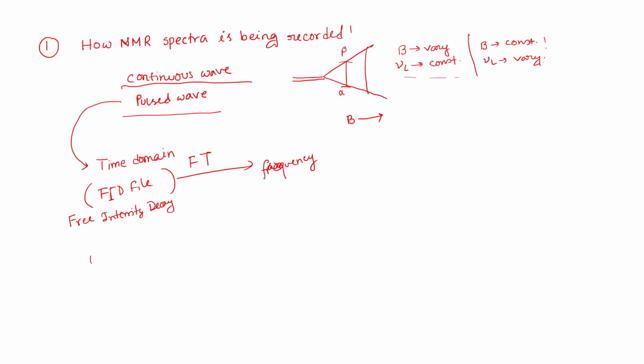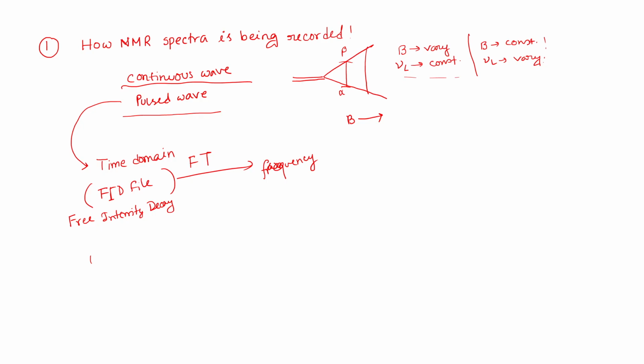You get good signal to noise ratio. In an instant of time you get all the information of the system. And using this pulsed wave FT-NMR, you can carry out many more applications like 2D NMRs, which was not possible using the continuous wave method.